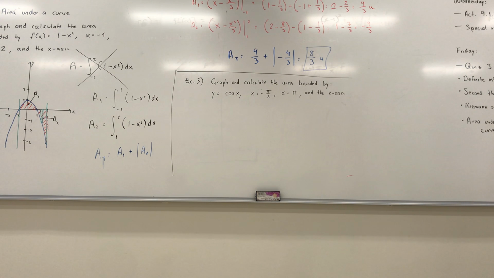Remember, in the quiz and in the exam, there could be parabolas, cubic functions, sine, cosine, exponential, logarithm, and rational also. Okay, in this case, for example, you have y equal to cosine of x between minus pi over 2 to pi and the x-axis. Remind me please, how can I graph cosine? Starting from where? 1. 0, 1, yeah.